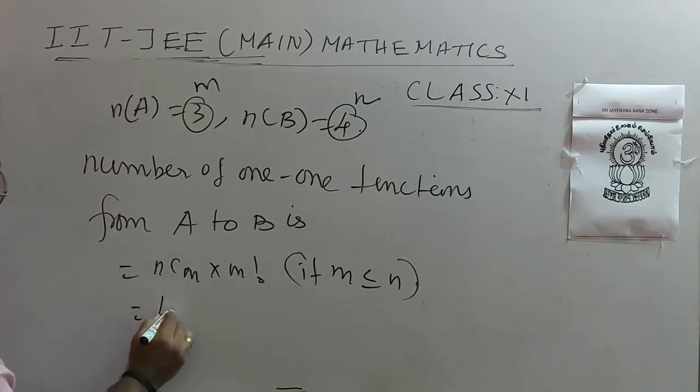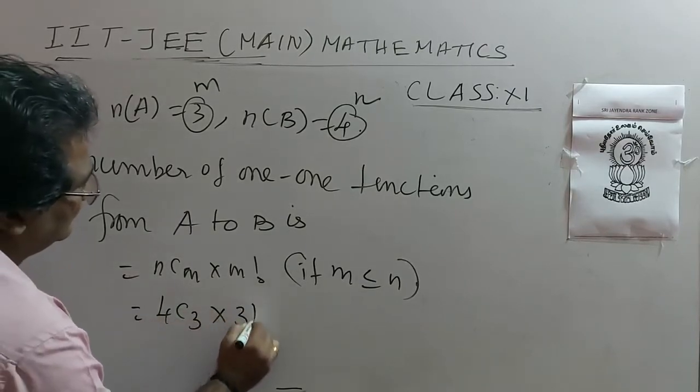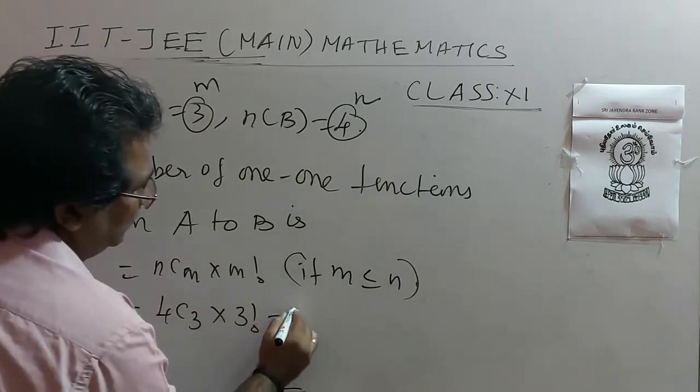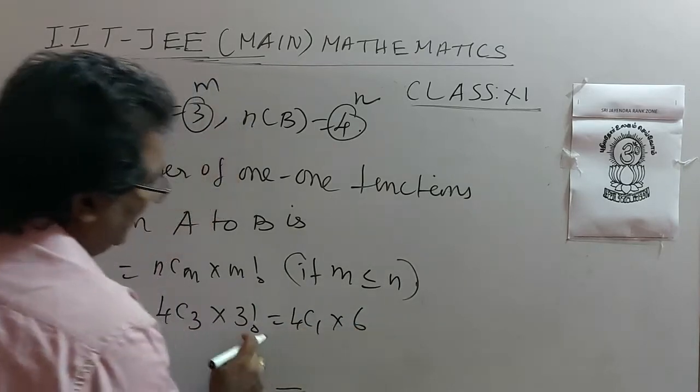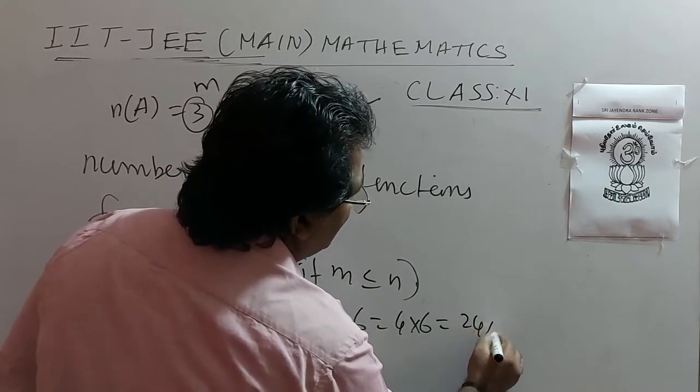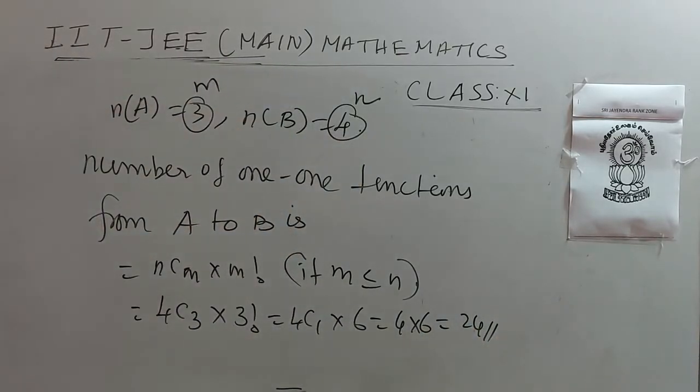So 4C3 into 3 factorial, that is 4C1 into 3 factorial, which means 4 into 6, that is 24. If A has m elements and B has n elements, then nCm into m factorial is the number of injective functions that can be defined from set A to set B.